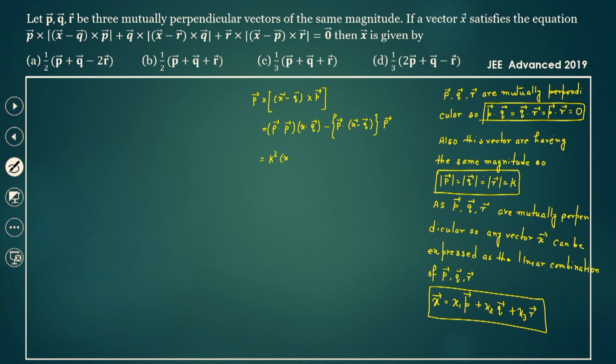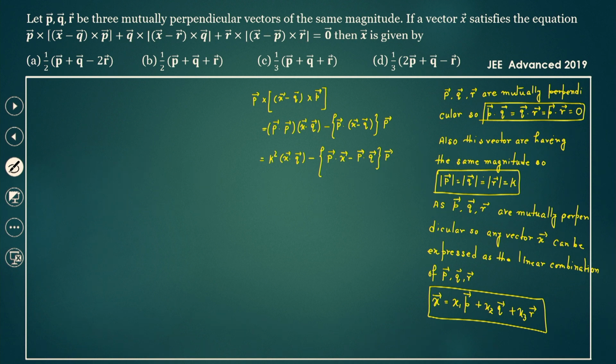Then X dot Q. X is also a vector, okay? Let us apply the dot product: we get P dot X minus P dot Q, multiplied by the P vector.